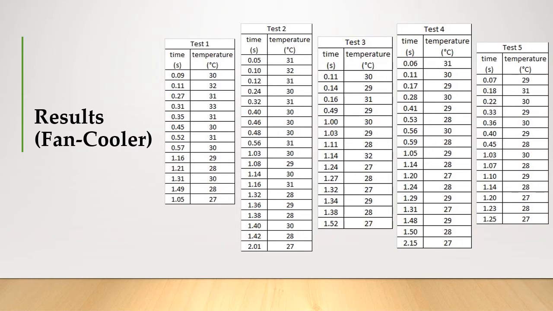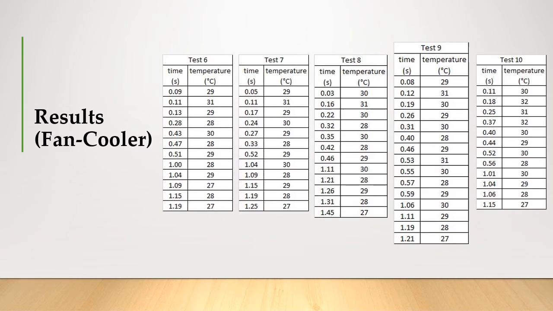This is to make sure that the temperature has already gone back to the initial temperature and is steady. And this is the 6 to 10 repetitions of the second scenario.